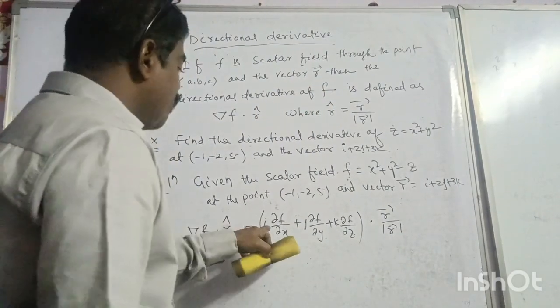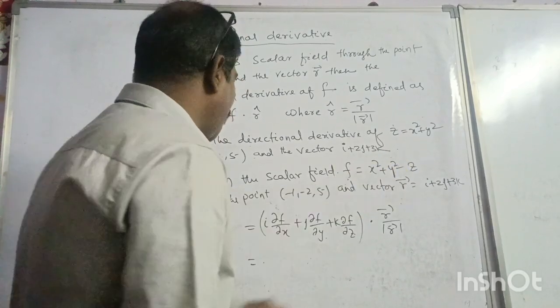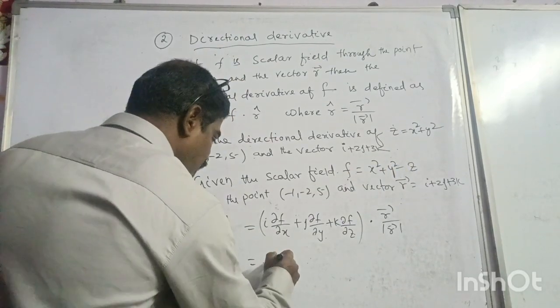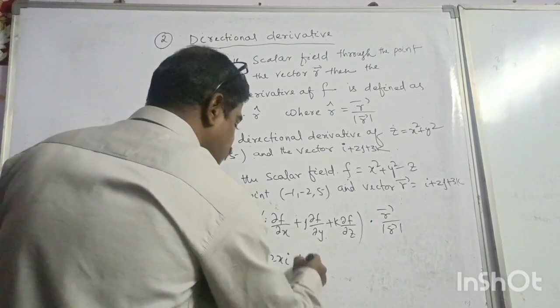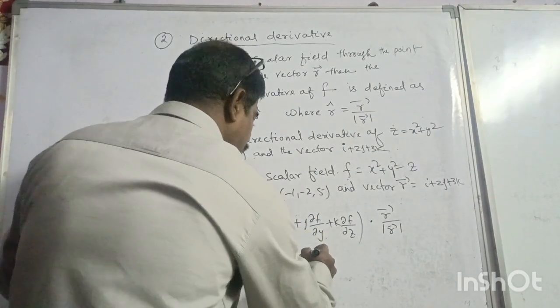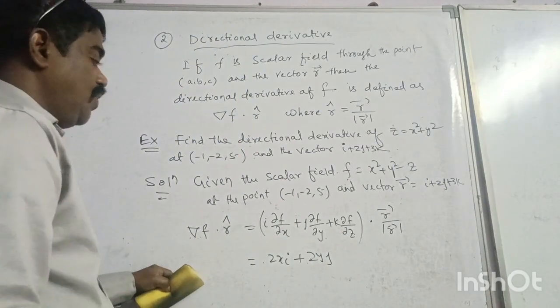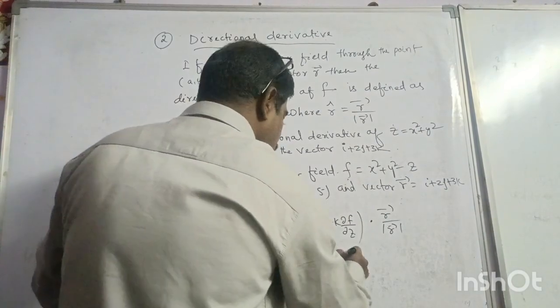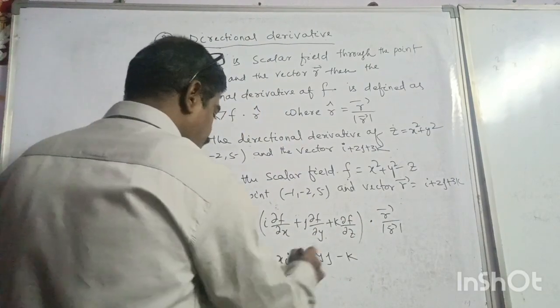So tell me, dou f by dou x with respect to x, how much are you getting? 2x. So you are getting 2x i. Understand? Plus 2y j. Any doubt? No doubt. This is minus k. Understand? Fine.